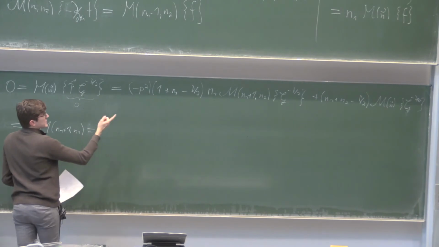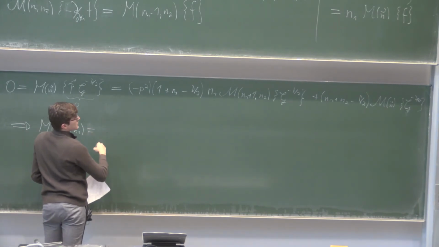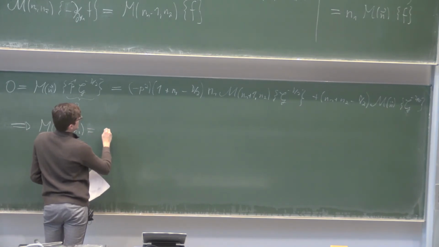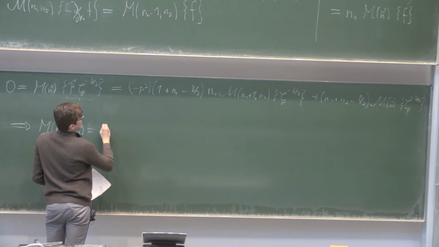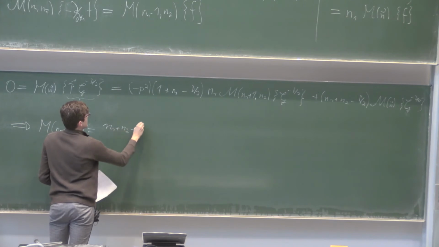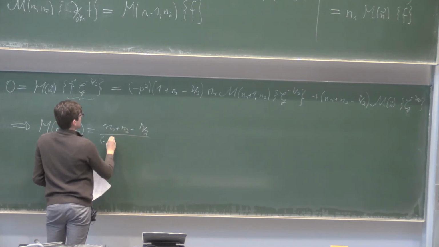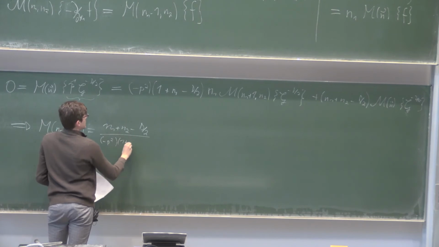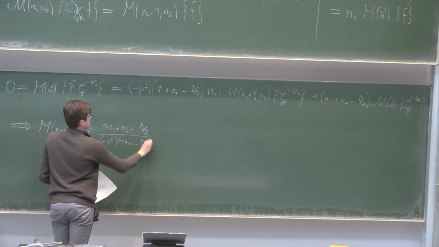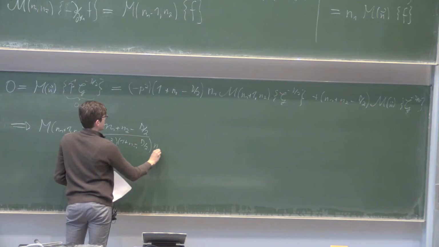And for this argument g to the minus d over 2, you get n1 plus n2 minus d over 2 over minus p squared, 1 plus m minus d over 2 n1.